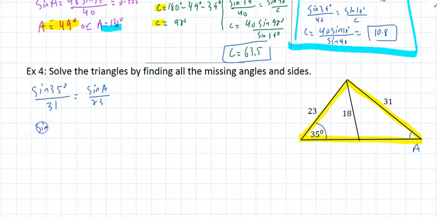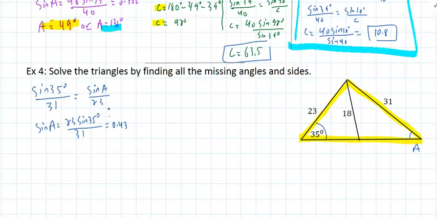And wouldn't you say the sine of A equals 23 times the sine of 35 degrees divided by 31, which is 23 times the sine of 35 divided by 31. That is 0.43 about.